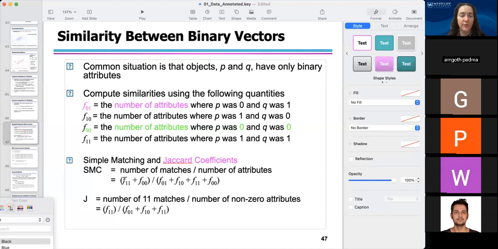So the Jaccard coefficient will take F11 plus F00 and divide it by the summation of all of the combinations. This is called the Jaccard coefficient.